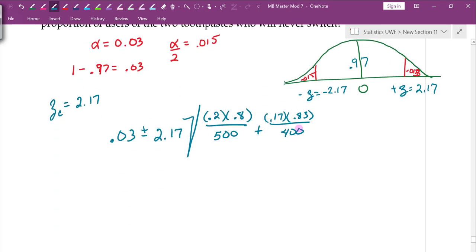So my lower limit is going to be 0.03 minus 2.17 multiplied by the square root of open parentheses 0.2 times 0.8 divided by 500, close parentheses, plus open parentheses 0.17 times 0.83 divided by 400, close parentheses.